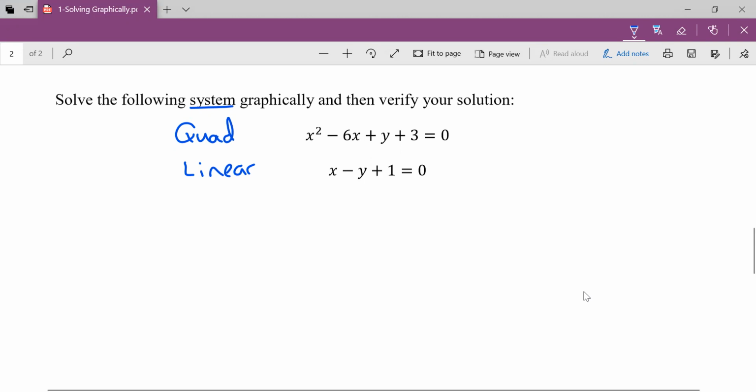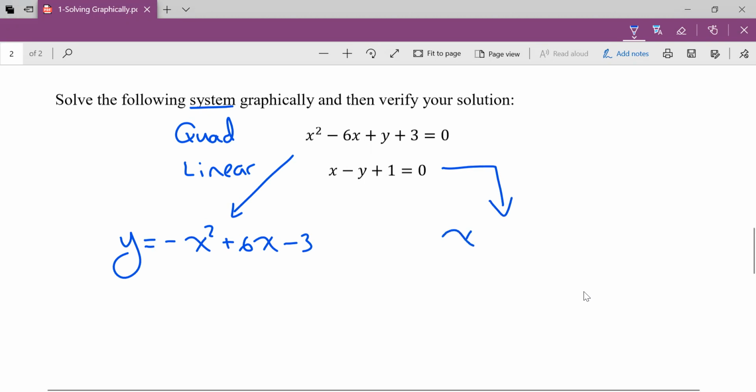So on the first equation, my y is positive, so I'll move all my other terms to the other side by subtracting or adding them. For the other equation, the linear, I notice the y is negative, so I'm going to add the y to the other side. And again, I like to write it more like that. Okay, there's our two equations. Let's call them y1 and y2.